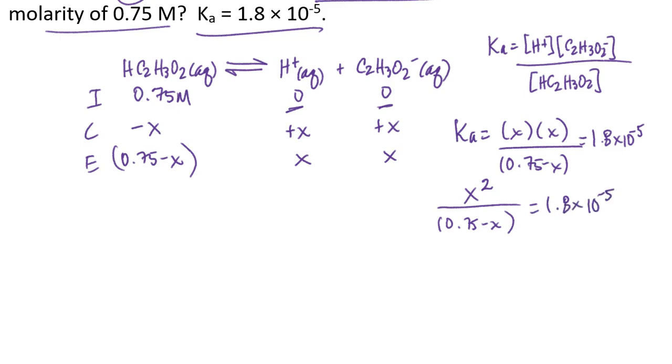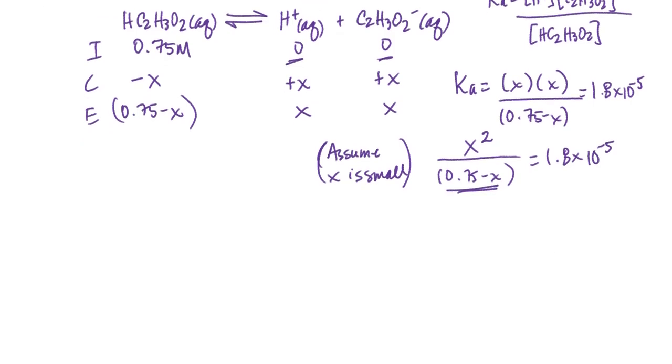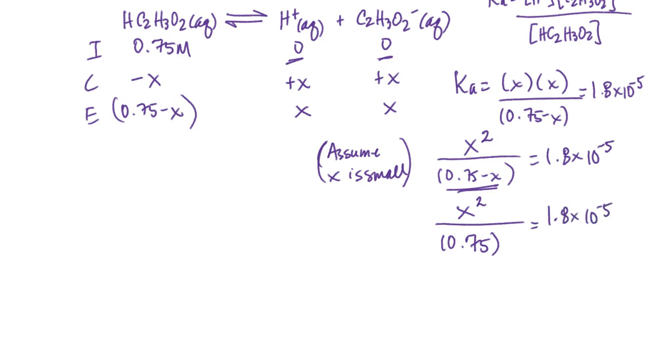And so, once again, noticing how small Ka is, it would be reasonable to make the assumption that X is very small. So small, in fact, that it should be negligible in this difference term on the left-hand side. So that would be X squared over 0.75 is equal to 1.8 times 10 to the negative fifth.